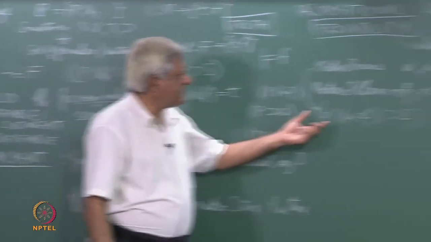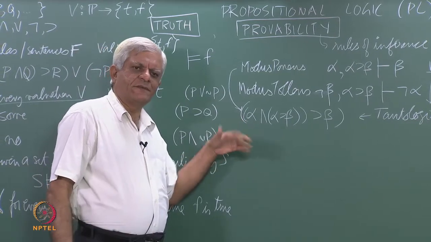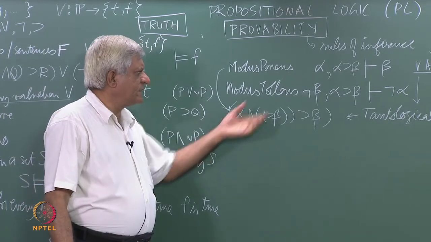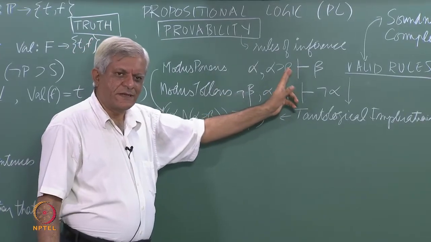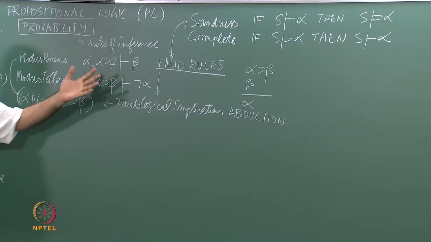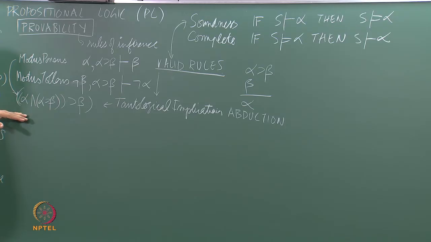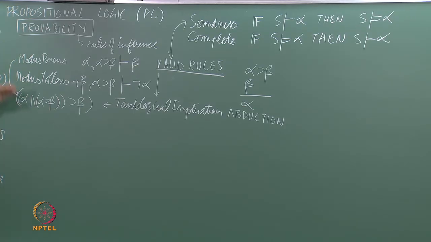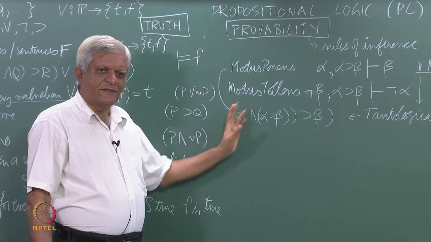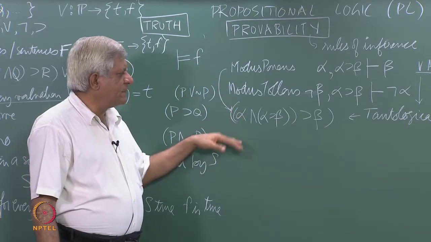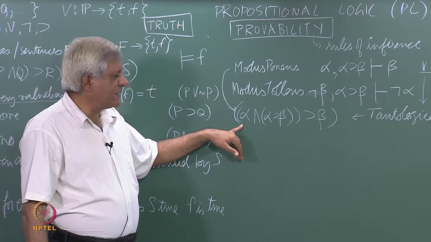So, notice the similarity between that pattern and this pattern. Here this is one sentence in my language of logic. There I am using an additional symbol which stands for derives or something like that, which is an extra logical symbol, in the sense it is not part of the language that I am using, but this is a sentence in my logic. And what we are saying now is that a rule of inference is valid if it is based on a tautological implication, and by this we mean we should have a corresponding sentence here, and the sentence must be a tautology.